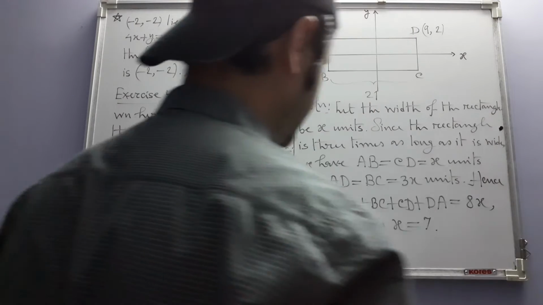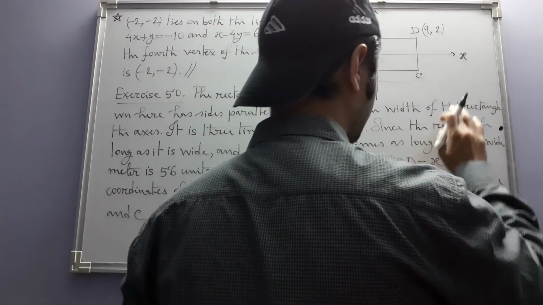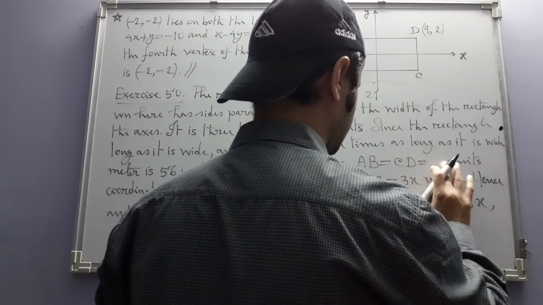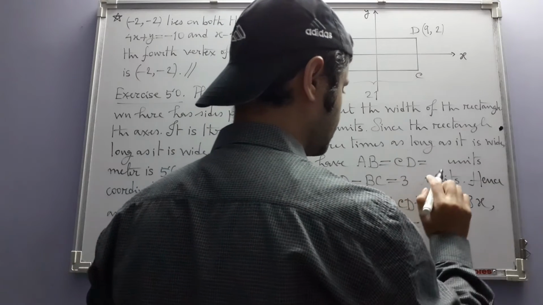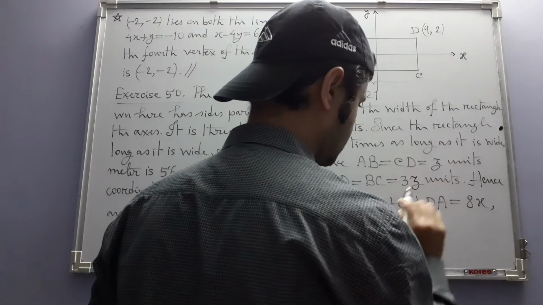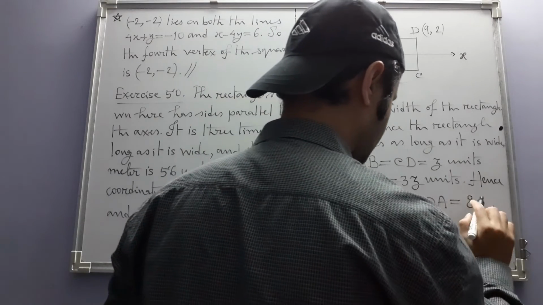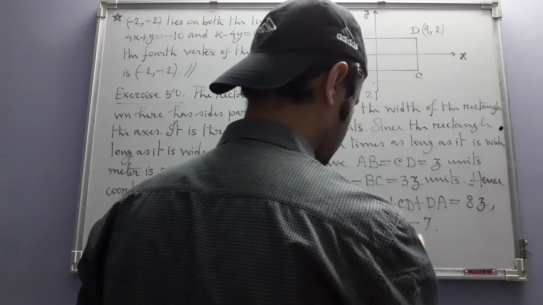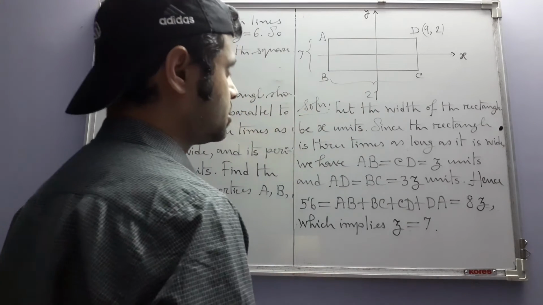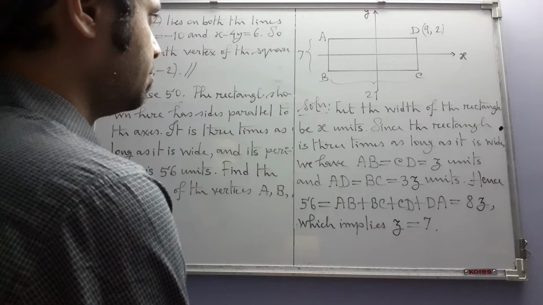But besides that, I see one more problem. The x-axis also has, let's just change this, let's call it z units. Z is 7.